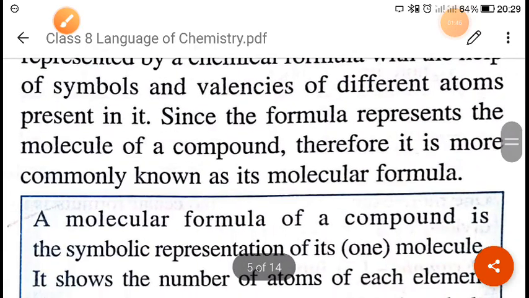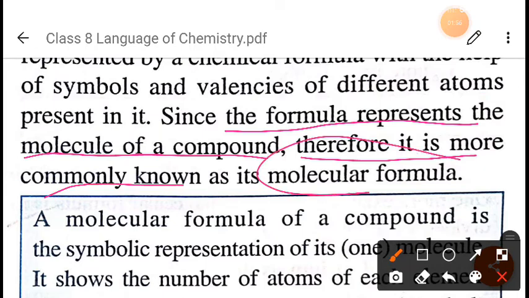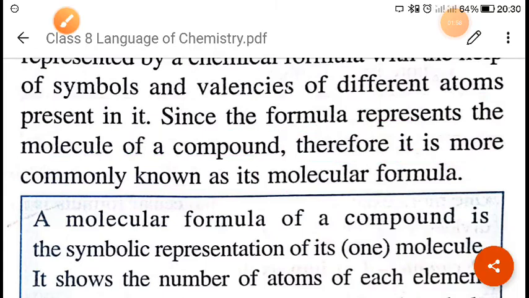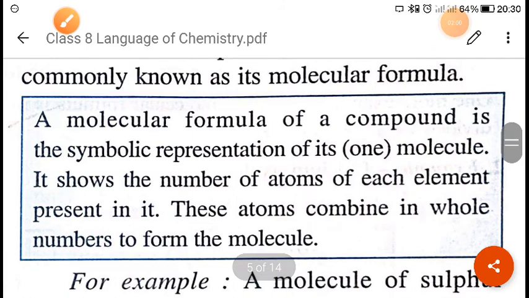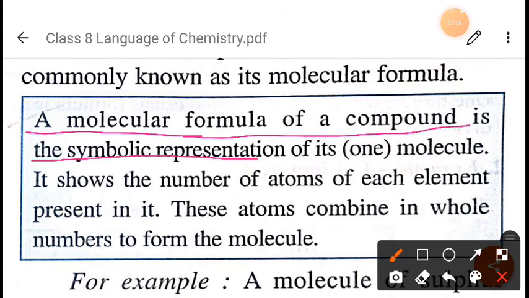This formula represents what? Molecules of a compound. Therefore, more commonly we say molecular formula, okay? So what is molecular formula? How can we define this? A molecular formula of a compound is a symbolic representation of its one molecule.